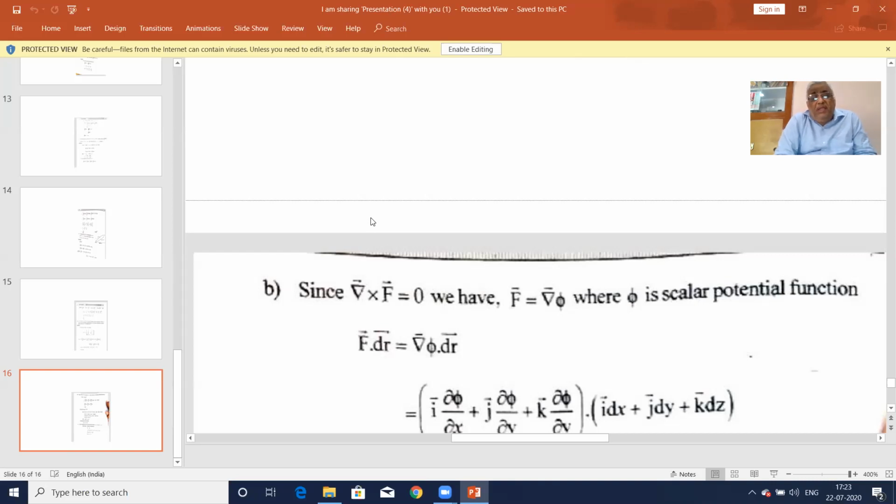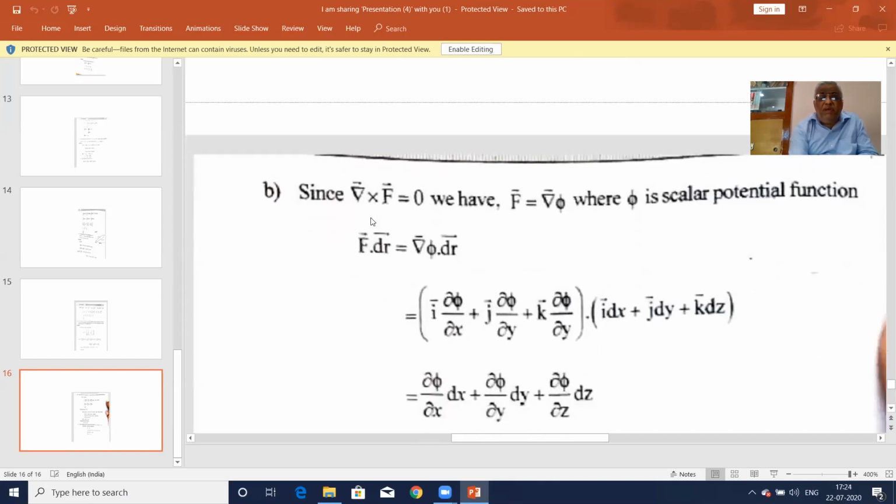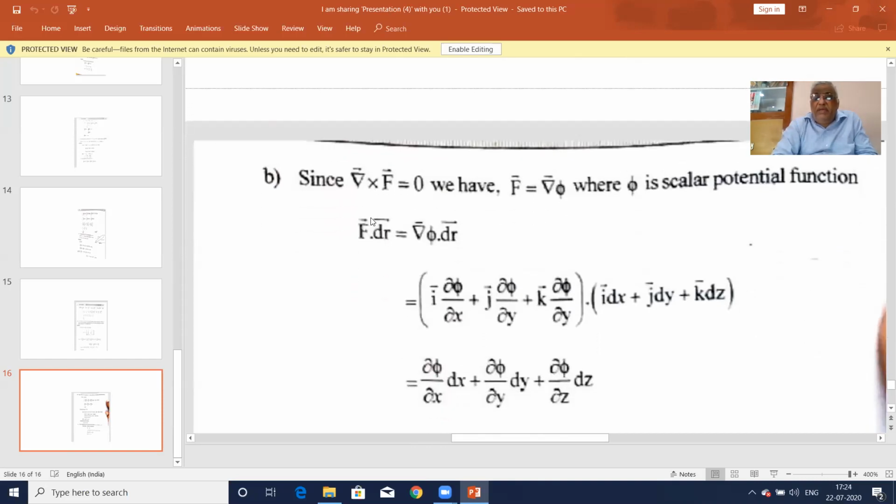For part (b), if the curl of F is 0, we have F equal to grad phi, where phi is a scalar potential function. So F dot dr is grad phi dot dr, that is, (i dou phi by dou x plus j dou phi by dou y plus k dou phi by dou z) dot (i dx plus j dy plus k dz).